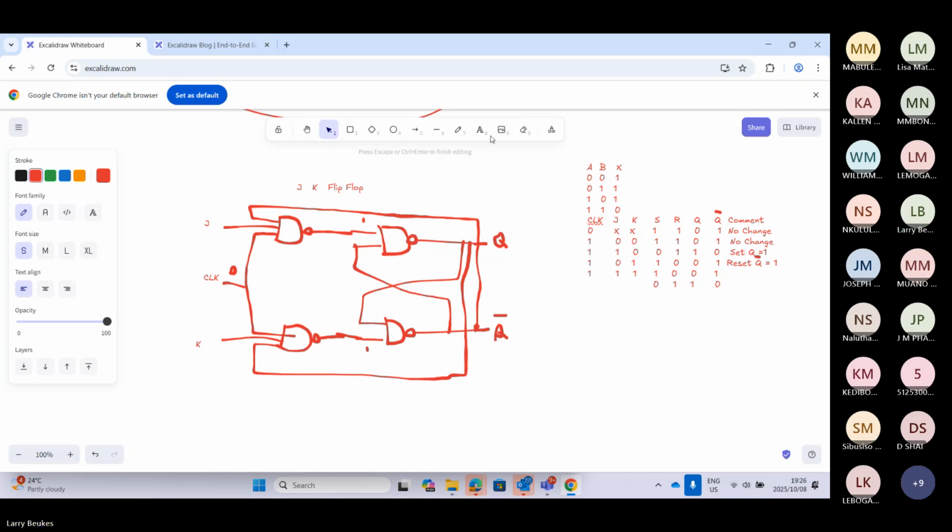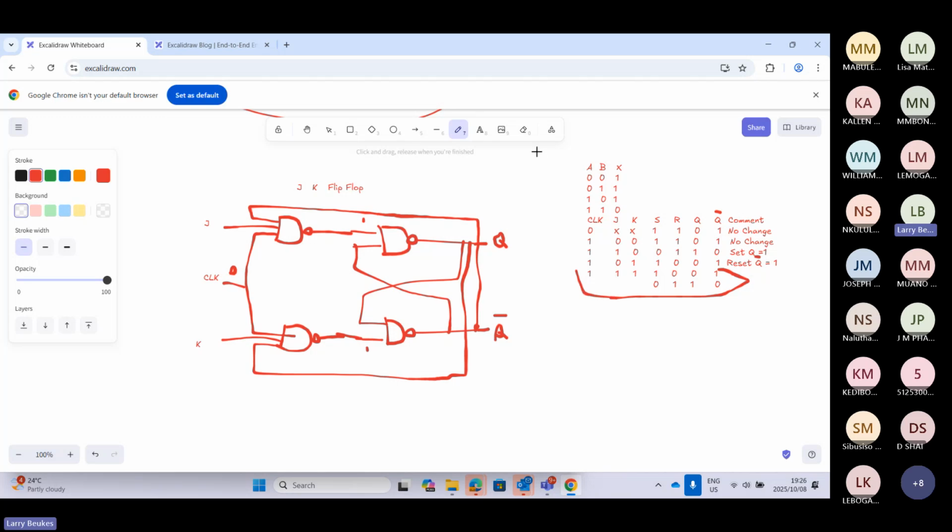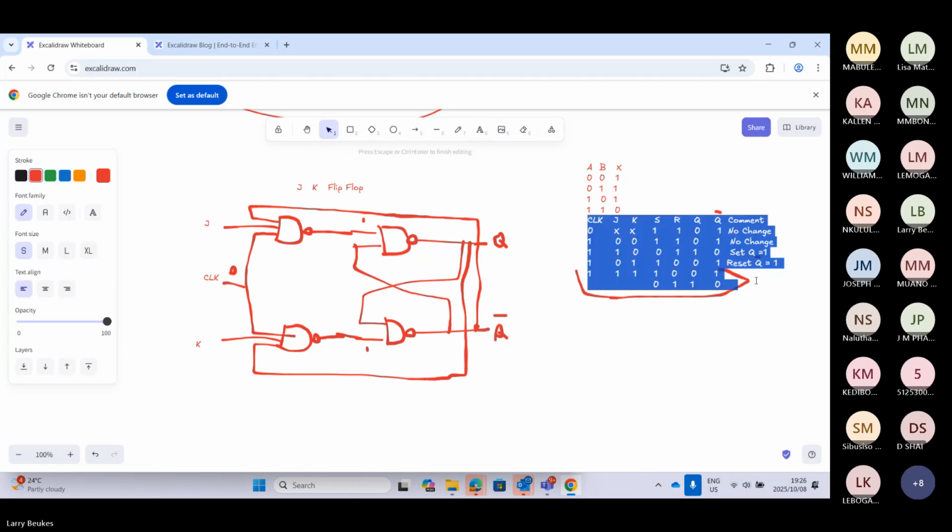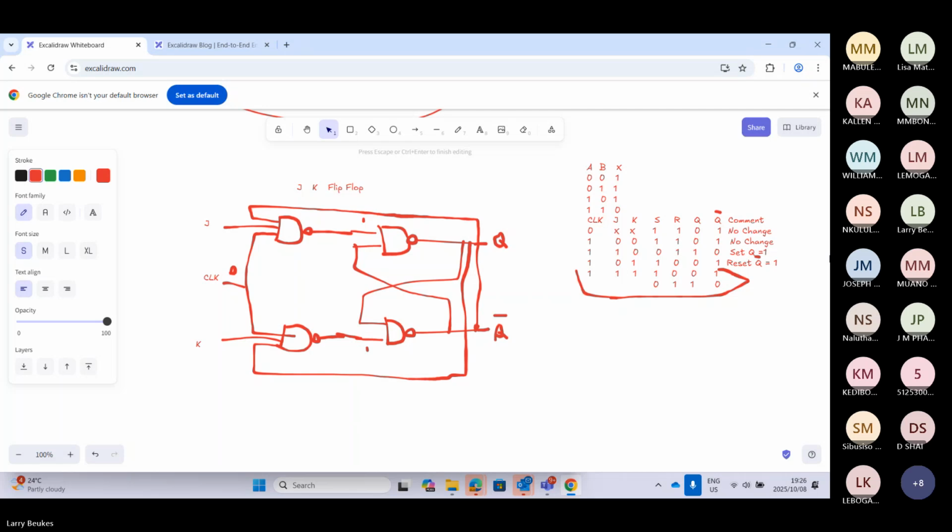So to explain this case together, we say toggle. To represent it, you can represent it like this if you want, but you can also use, for example, X here, X. Are you with me?